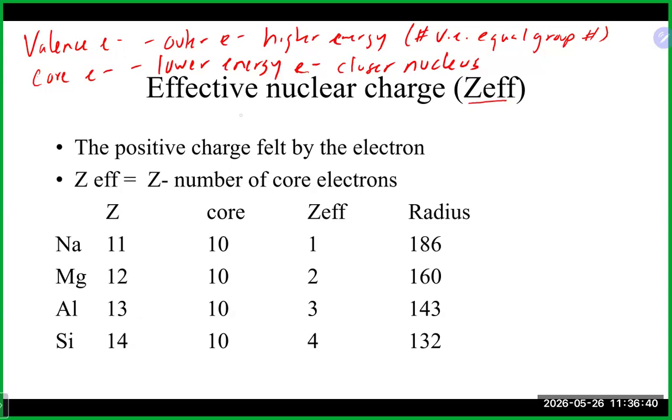So if we take a very simple example like lithium, lithium is number 3 on the periodic table, which means it has 3 electrons. If we write the electron configuration for lithium, 1s2 2s1, it has 2 electrons on the lower energy level.